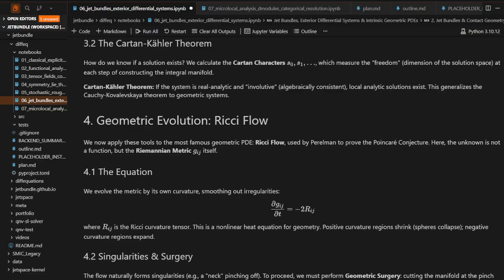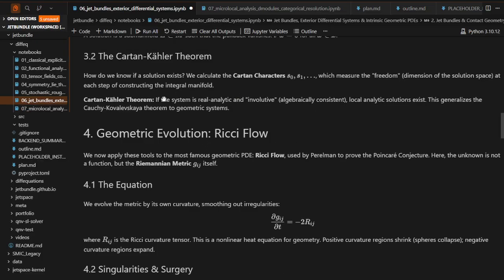Cartan-Kähler Theorem. This just tells us existence. This is an existence theorem, generalized to this space. We can compute these things called characters, S1, S2, and so on, and they represent the degrees of freedom stepwise, essentially the dimension of the solution space.